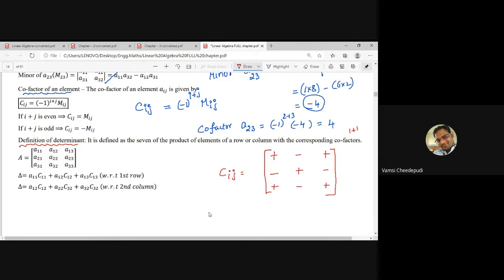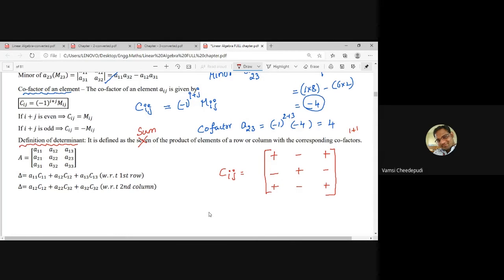Determinant is the sum of the products of all elements of a row or a column with their corresponding cofactors. Yes, the determinant definition is like this. It is defined as the sum of the products of elements of any row or any column with their corresponding cofactors.